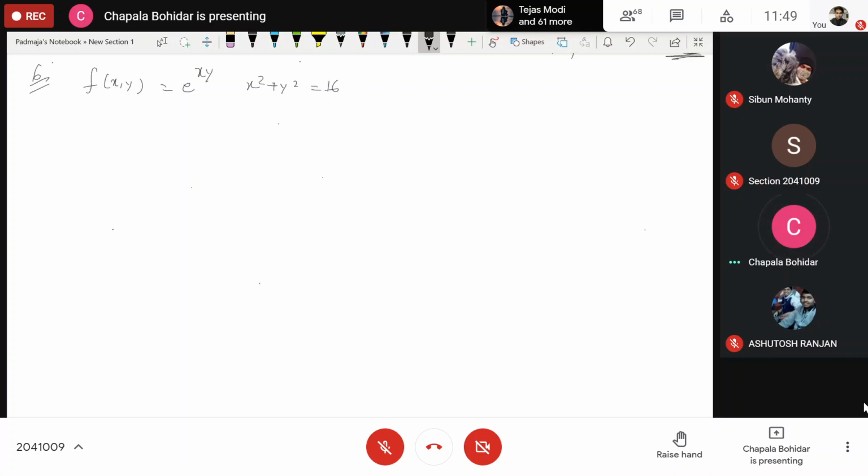Solve it. By using the Lagrange multiplier, find the maximum and minimum value of the function.